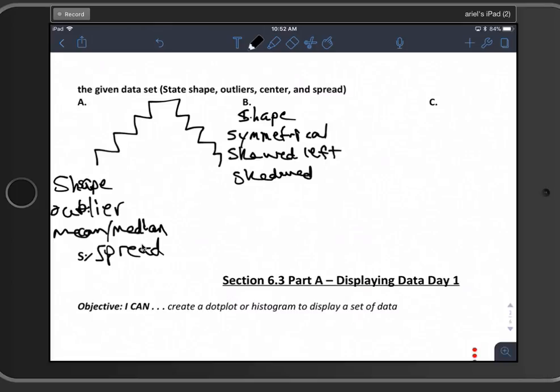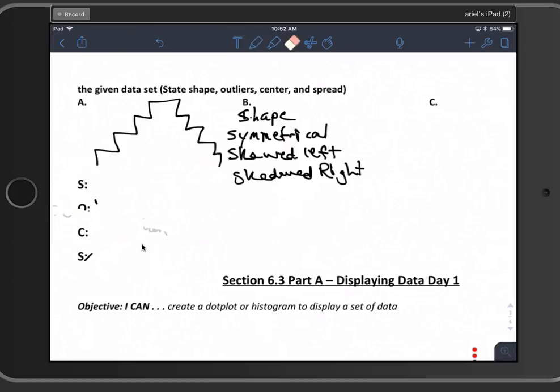And then you are going to choose which word, and then you will write the right answer right here. And then if there's an outlier, you'd write it right here. It's just yes or no. And then for the mean or median, would we choose mean or median?